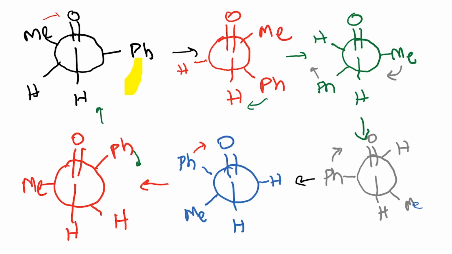Okay, so the largest group being perpendicular to the carbonyl occurs in 2 of these conformations that we have looked at. So one is this, okay, and the other one is this. All right, all other conformations that we have looked at do not have the largest group perpendicular to the carbonyl. So one important reason why we would want to understand this is because these two conformations are more relevant in developing the model further.